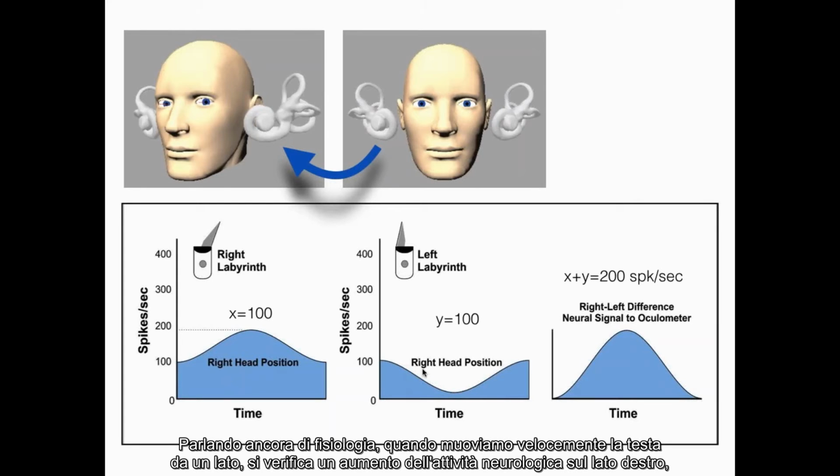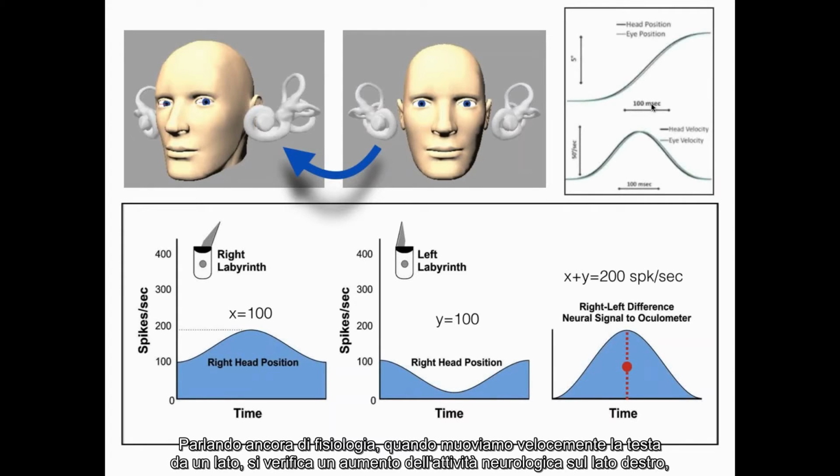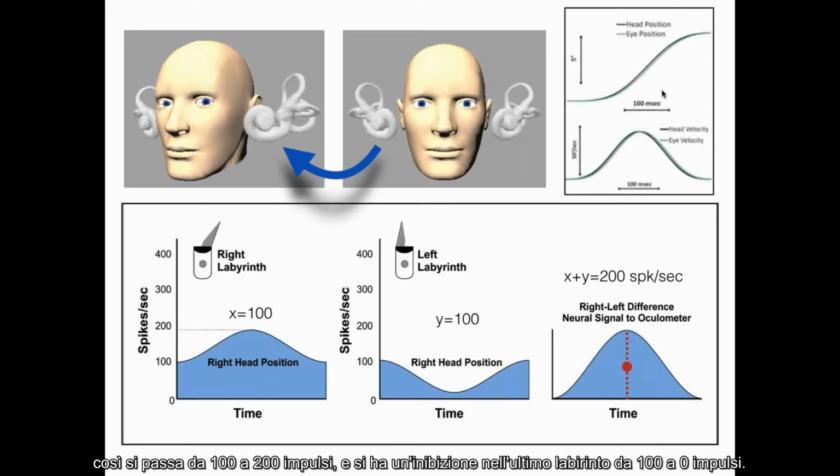Continuing with the physiology here. When we move our head to one side, fast, but not as fast as an impulse, you have an increase in neural firing activity on the right side. It goes from 100 to 200. And you have an inhibition in the left labyrinth that goes from 100 to 0. So the information that comes to the viewer is proportional, and your head and your eyes follow very precisely.